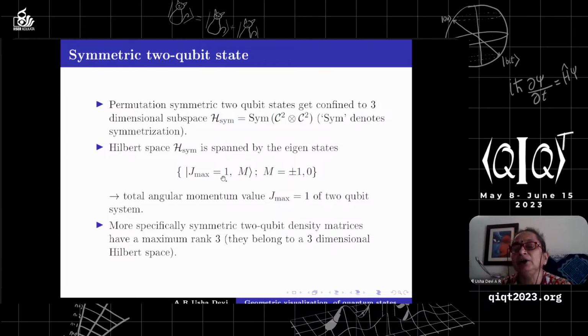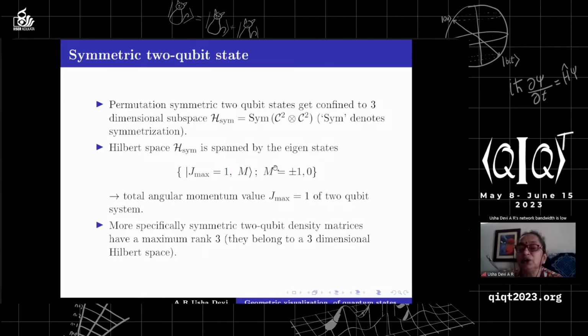Symmetric states belong to the spin 1 sector. So there are 3 states, and any density operator restricted to this space is a symmetric density matrix. Even though they are 4x4, we can find a transformation, the Clebsch-Gordan transformation, where they go to a 3x3 form.